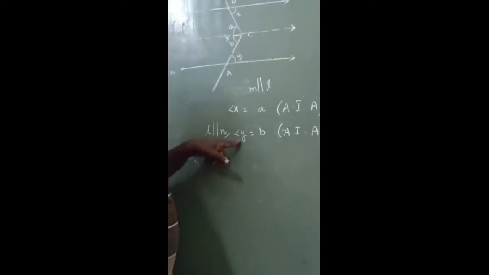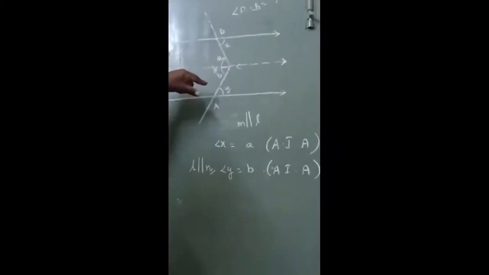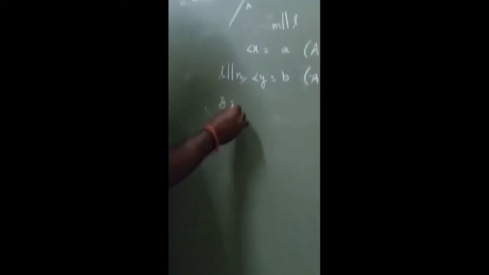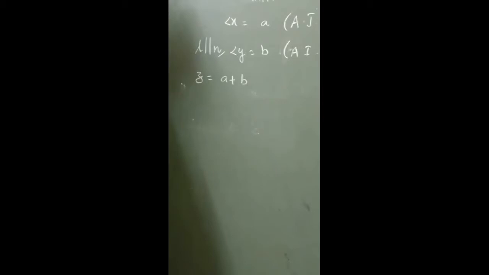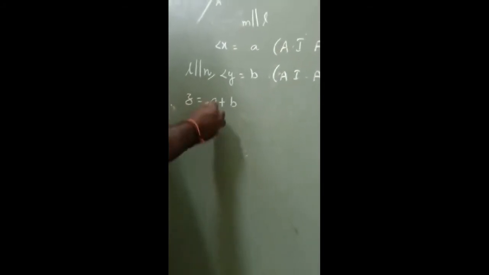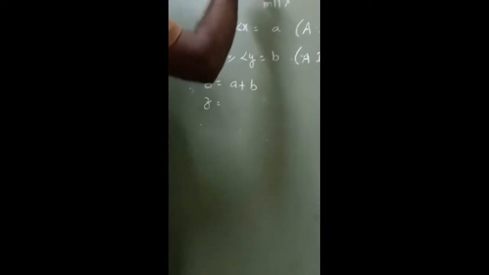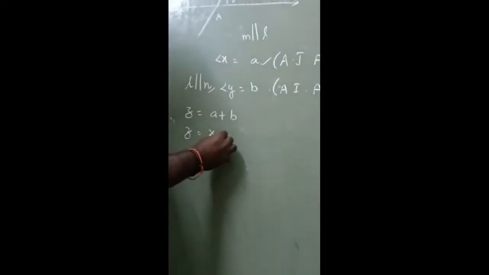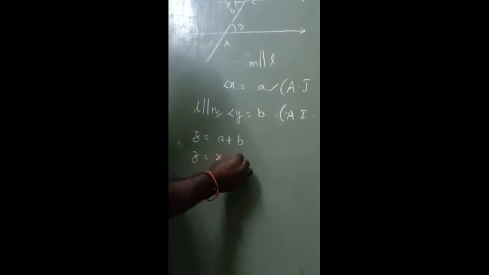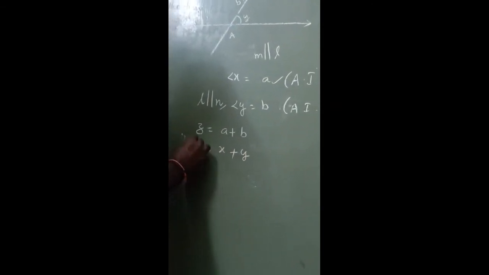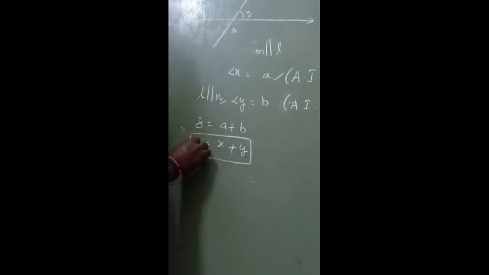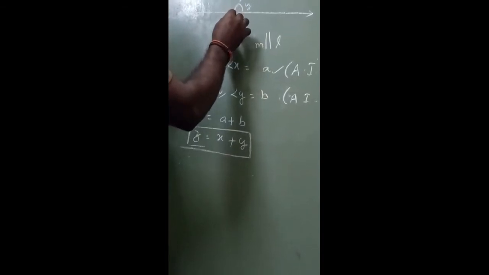From these two, angle X plus angle Y is equal to Z. What is the value of Z? Z is equal to A plus B. A is equal to X, B is equal to Y. Therefore, Z is equal to X plus Y. That is angle ACB.